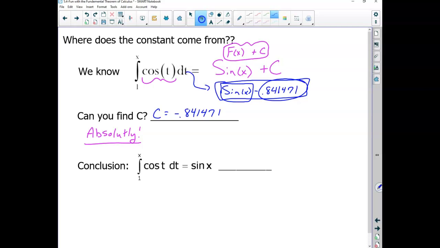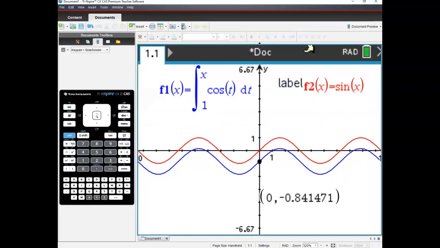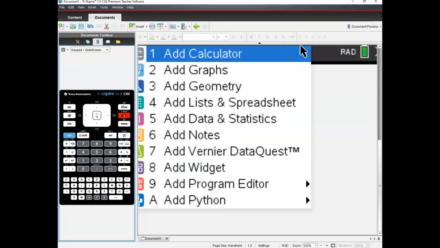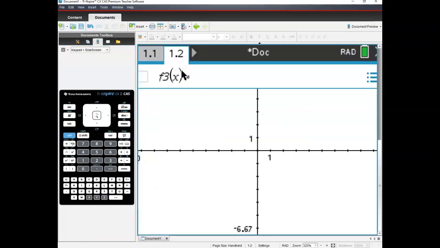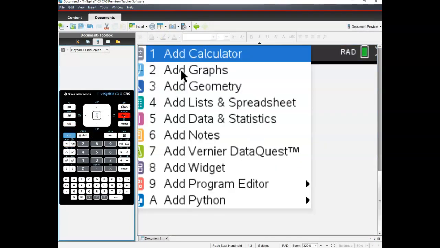Well, think about this. Minus the sine of 1. What is the sine of 1? Well, if I came back here to my calculator and I added myself a page, I need a calculator page, so I don't know why I just did that. I need a 1.